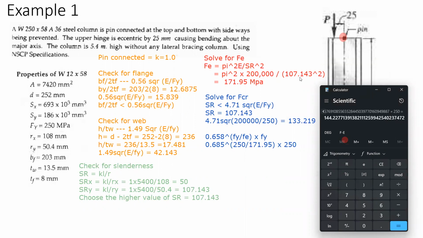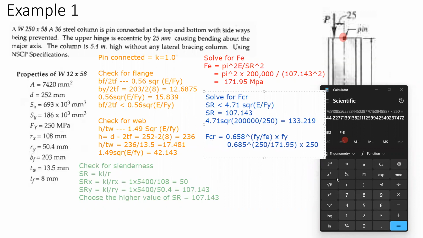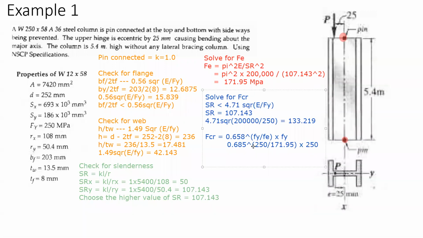Our critical FCR would be equal to 144.228. So that is the value of FCR.